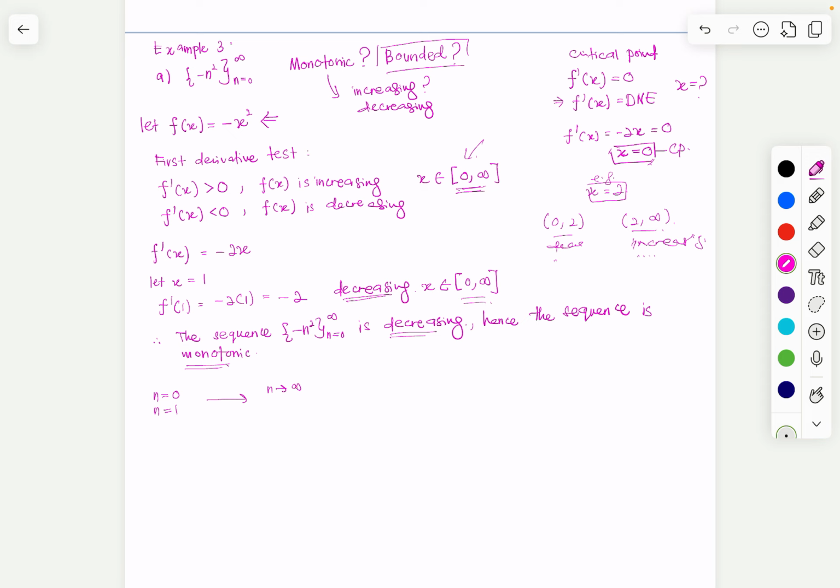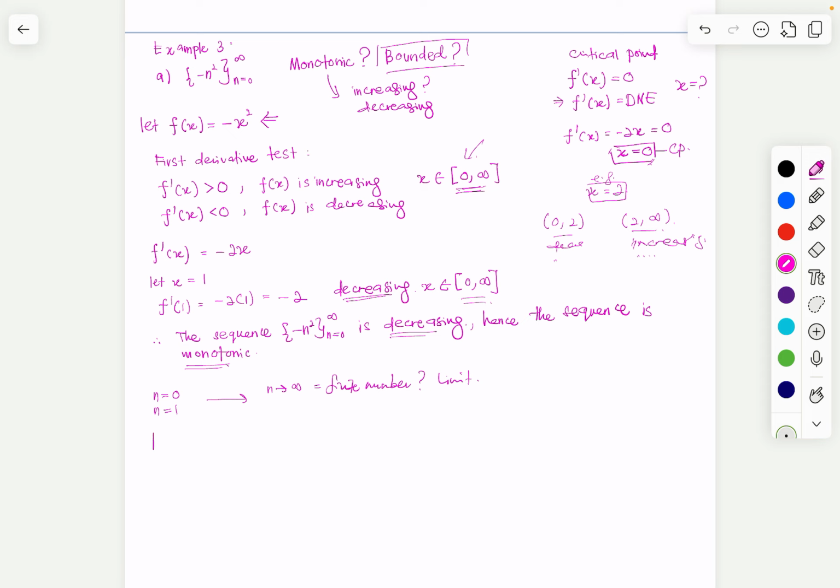For the case when n goes to infinity, if it gives you a finite number, which is the limit, then it has a bound for the last term. So let us find out if this sequence is bounded or not.